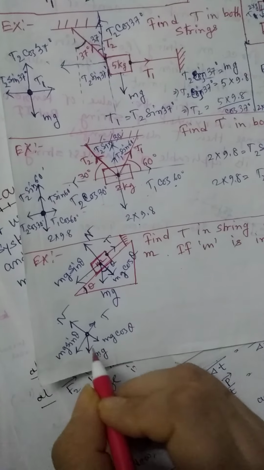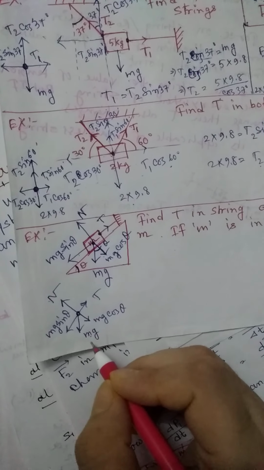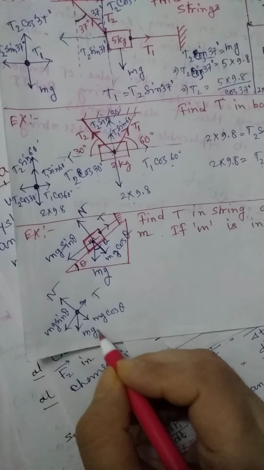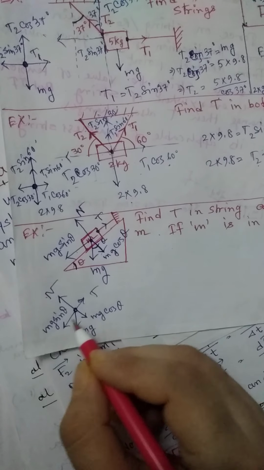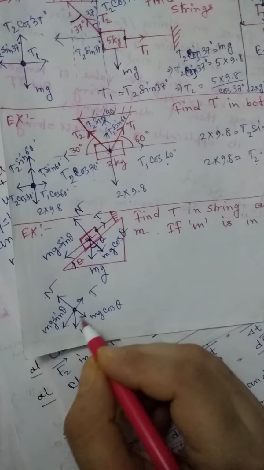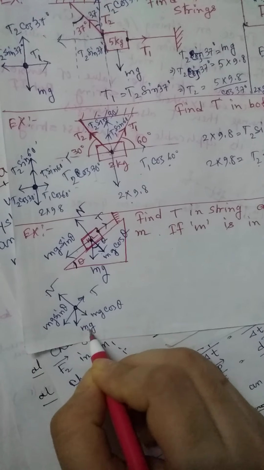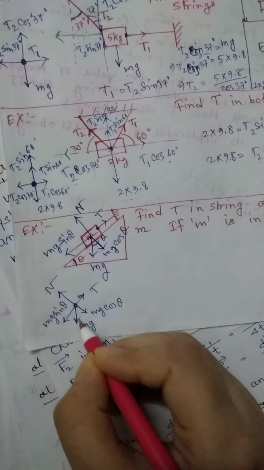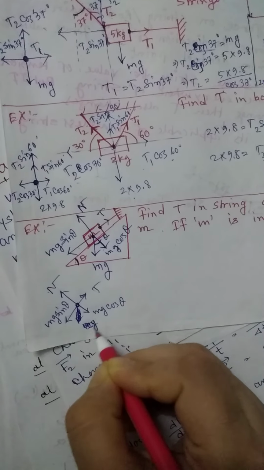In this diagram, you may not show this mg because of these two components, right? If we show these components, then you can avoid this one. So I'm just cancelling this.